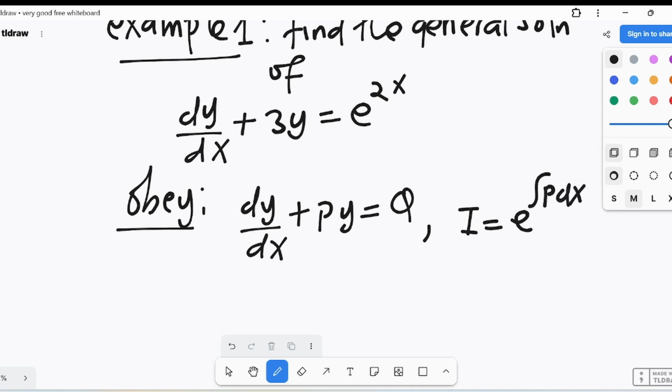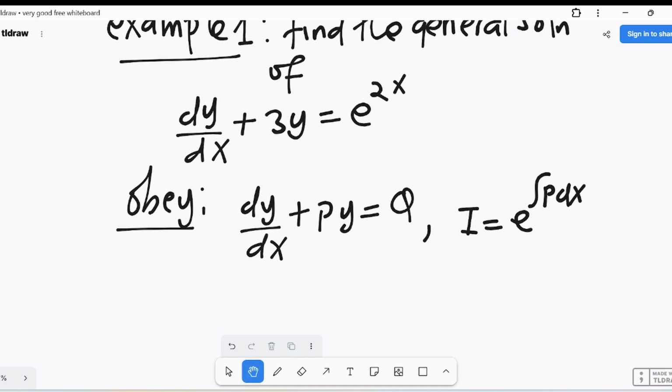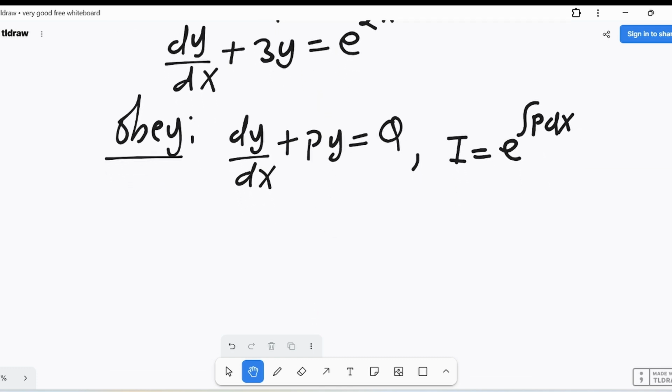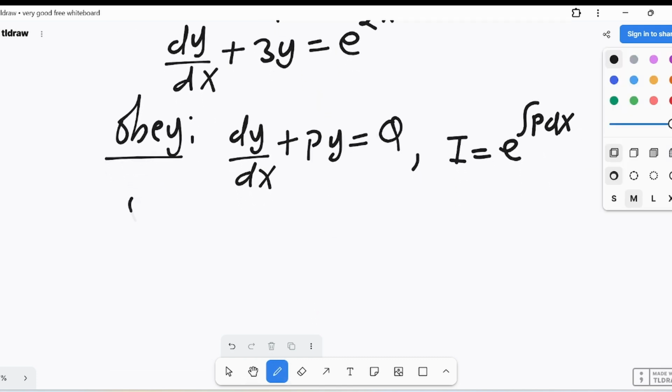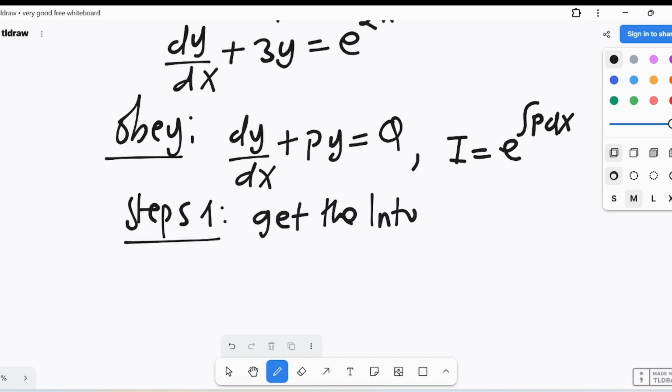Whenever you find a DE of this form, these are the steps followed. Step number 1: get the integrating factor.